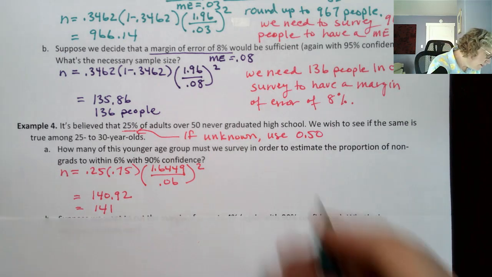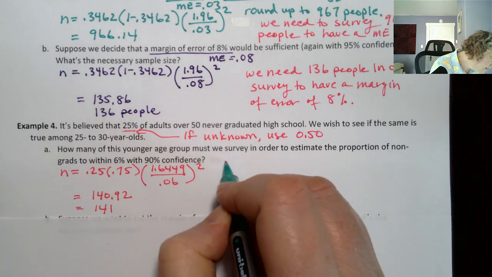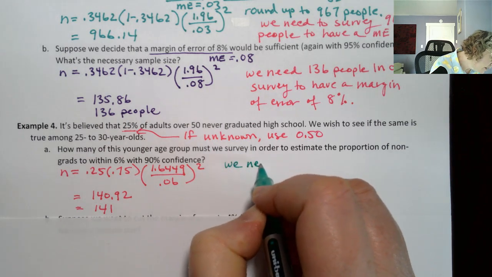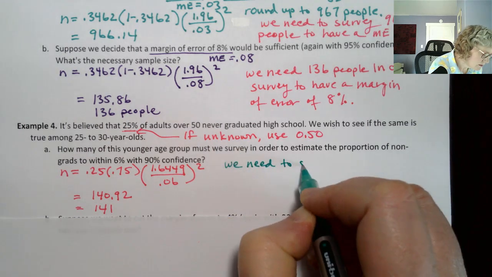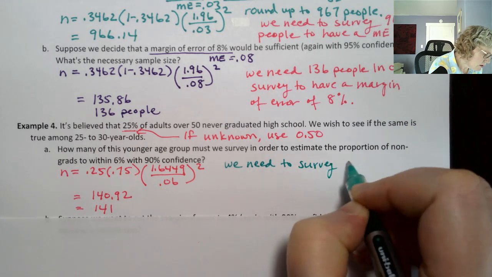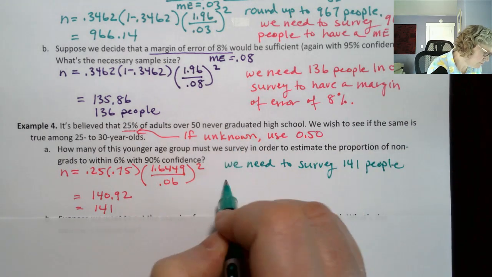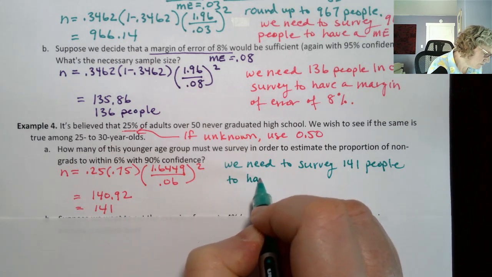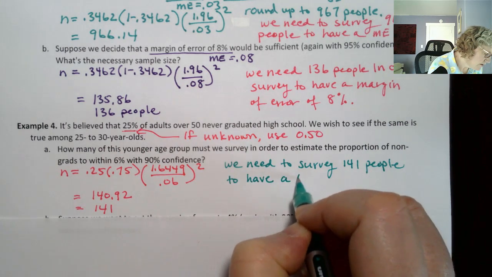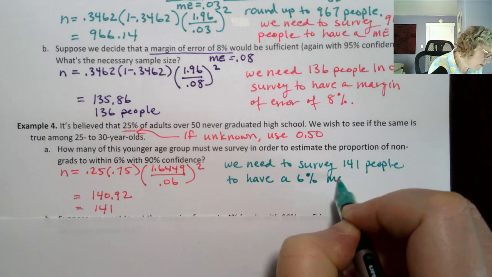Yep, I'm getting the same answer. Okay, did it twice. We need to survey 141 people to have a 6% margin of error.